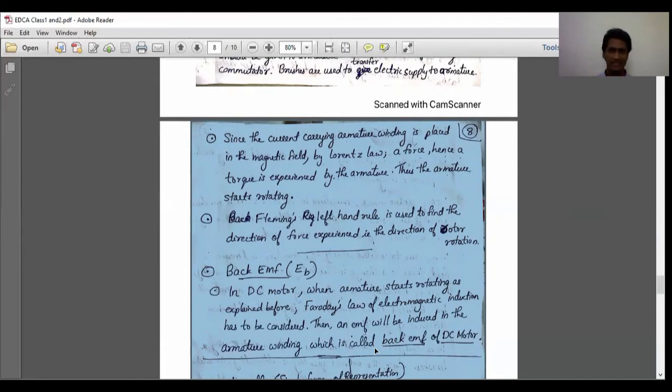That is what Faraday said. So here also, even if it is a motor, its intention is to give mechanical output. There will be an EMF induced in the armature winding due to the rotation of armature in the magnetic field. That EMF is called a back EMF.